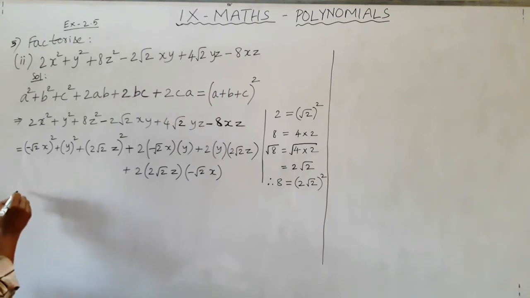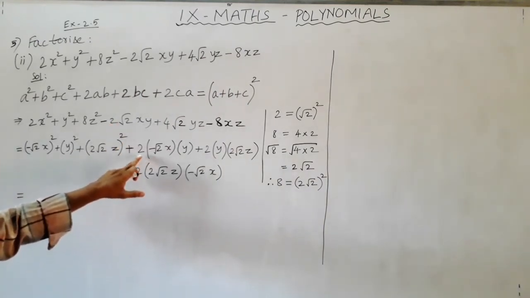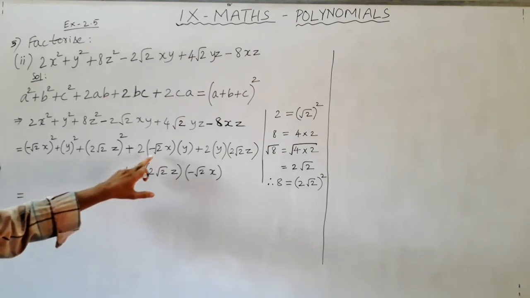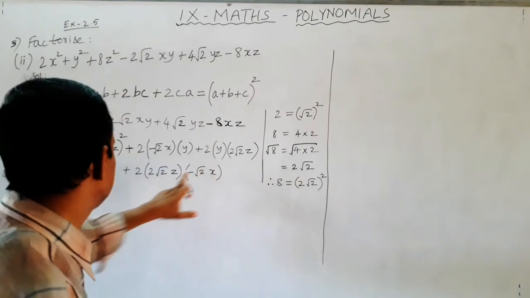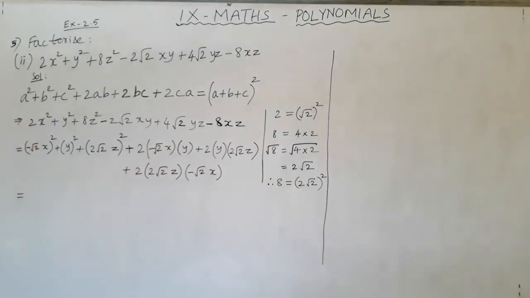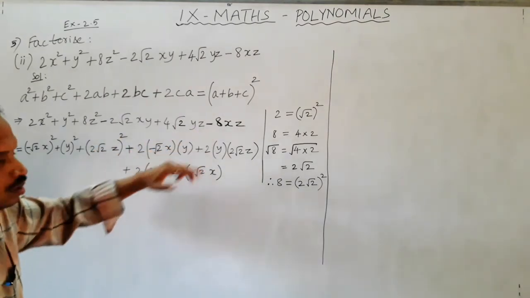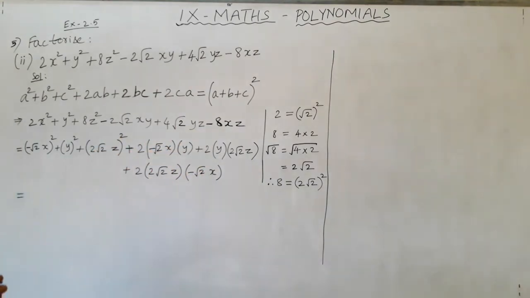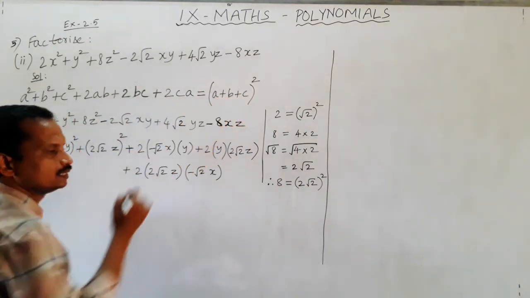So you can easily apply it. So this one we have written as 2 into a into b, and this is 2 into b into c, and this is 2 into c a. So like that everything is correct. After changing into identity form, these are correct only. So you can directly apply the identity a plus b plus c the whole square.